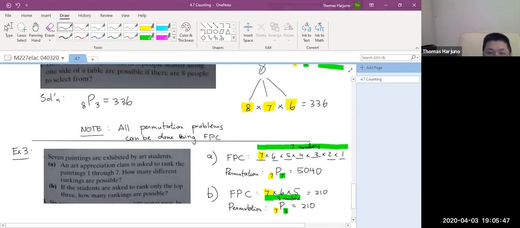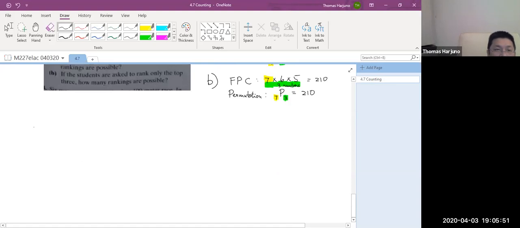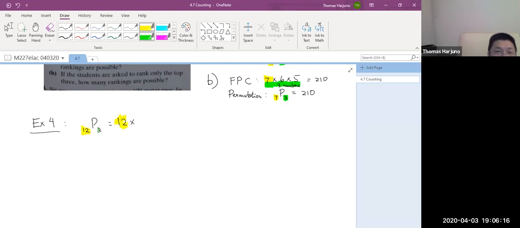So for a little shortcut, suppose one day I ask you, what is, for example, 12 permute 2? You can use your calculator, but because it's small numbers, you think, okay, I start from 12, and I just need 2 factors.